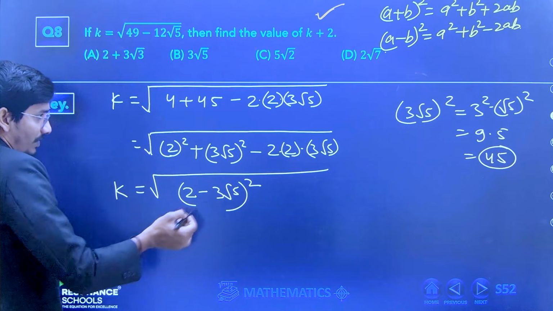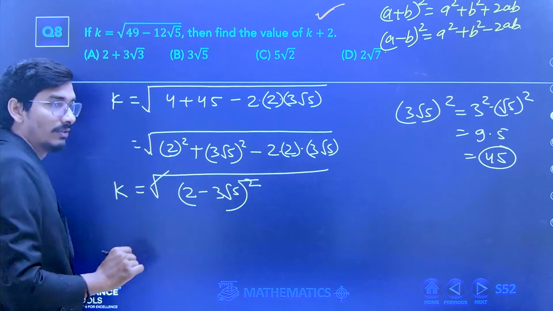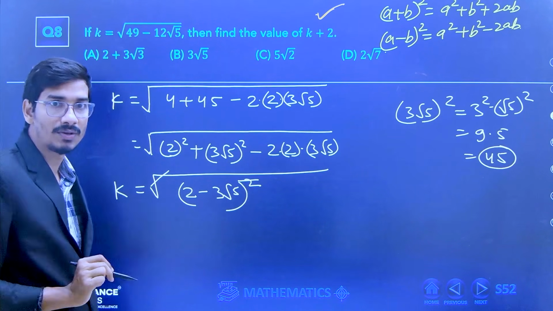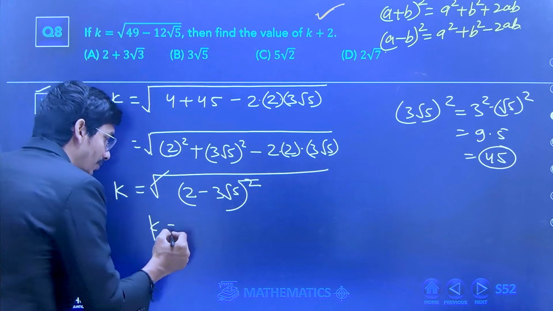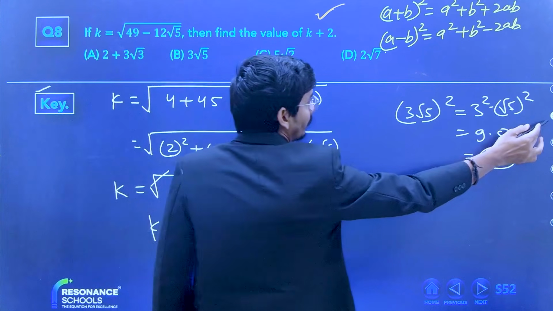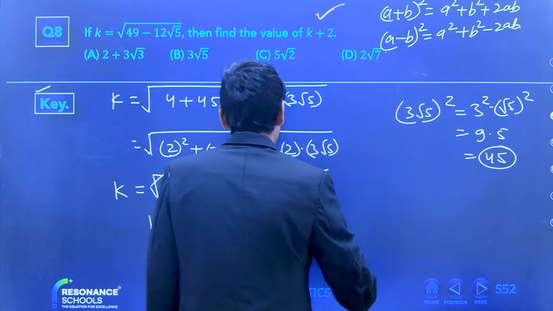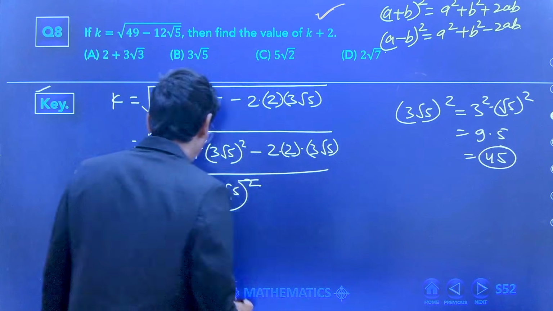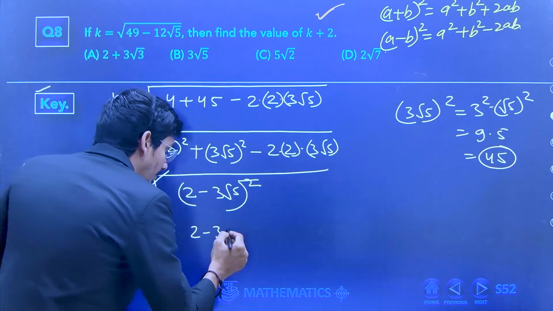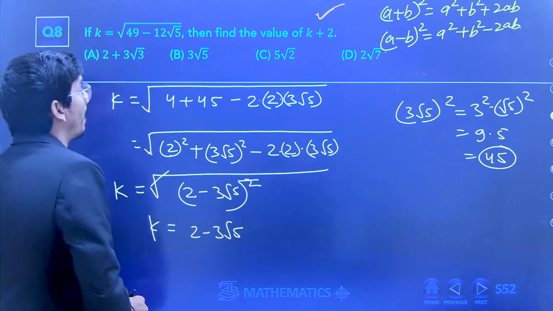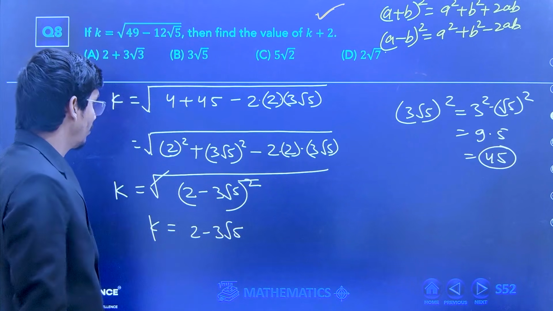K. So now this square quantity will cancel. This square is cancelled by the root. So we are getting K equals 2 minus 3 root 5.